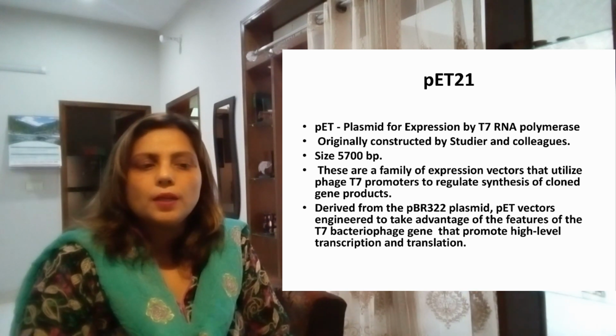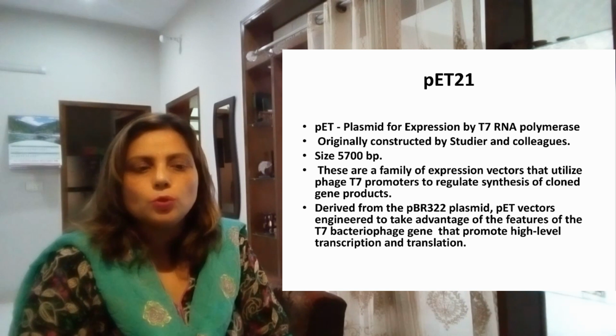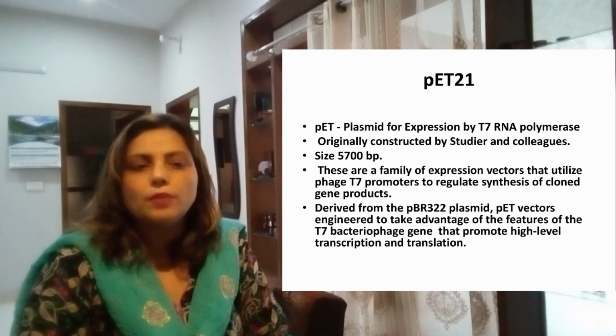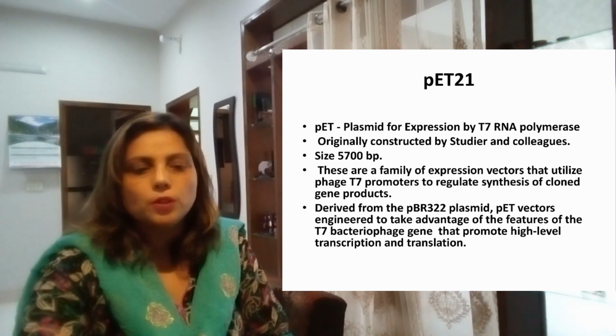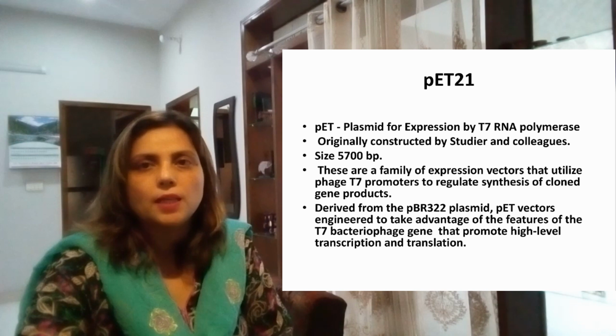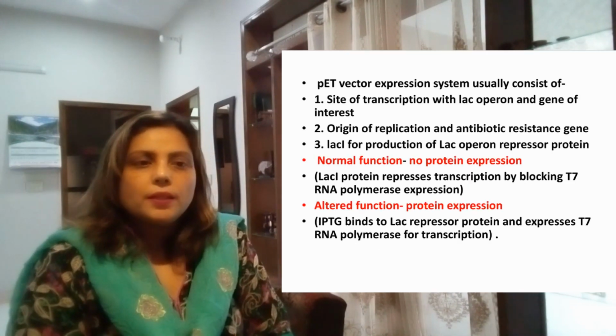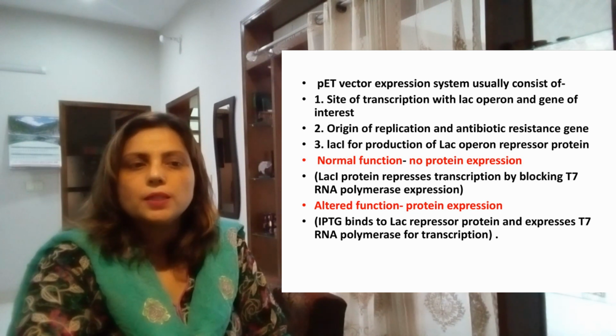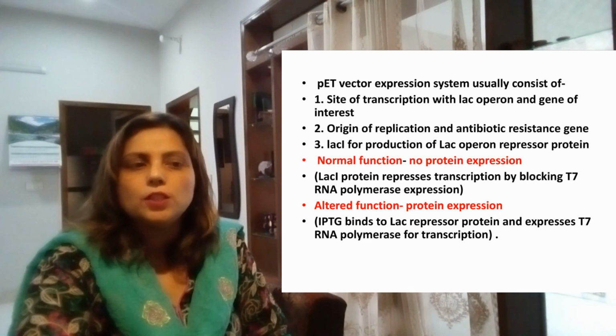pET21 is derived from the pBR322 plasmid, and these pET vectors are engineered to take advantage of the features of the T7 bacteriophage genes that promote high level transcription and translation. A pET vector expression system usually consists of a site of transcription with the lac operon and the gene of interest.